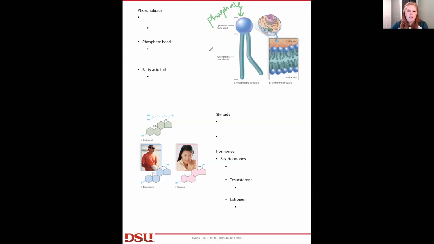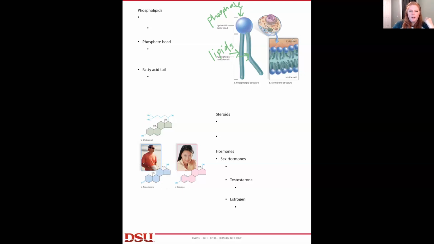But then we have the lipid tails, these guys. And again, because they're lipids, we know that they are hydrophobic and non-polar. This is an interesting combination because you've got part of the membrane that likes water and it's great with it, and then part of the membrane that hates it.